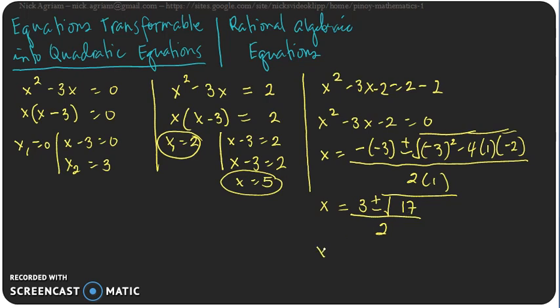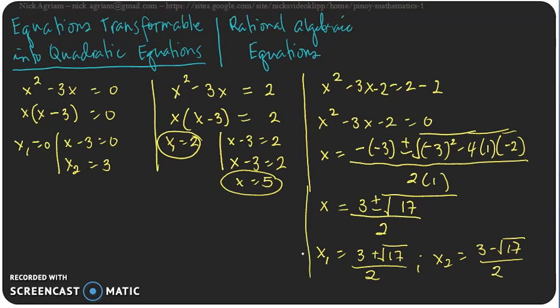It's not a perfect square, so we have x sub 1, 3 plus the square root of 17 divided by 2, and then we have x sub 2, which is 3 minus the square root of 17 divided by 2, which is very different from this solution.